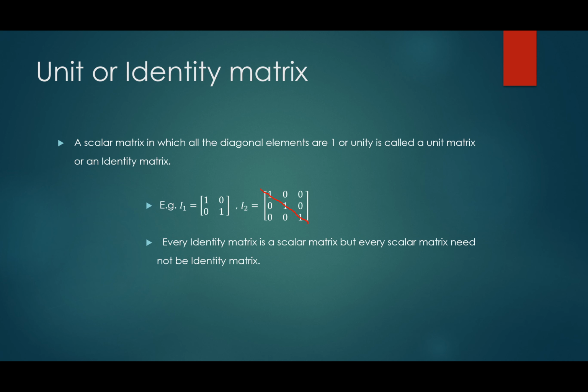Usually they are denoted by capital letter I. Every identity matrix is a scalar matrix, but every scalar matrix need not be an identity matrix. Again, a very important part.